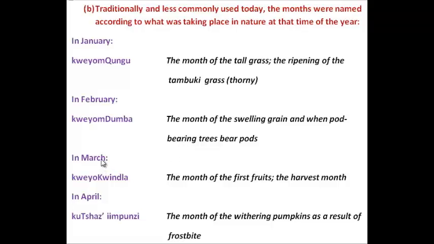In March, Kweyo Kwindla, the month of the first fruits, or the harvest month. In April, Kucha Zimbunzi, the month of the withering pumpkins as a result of the frostbite.